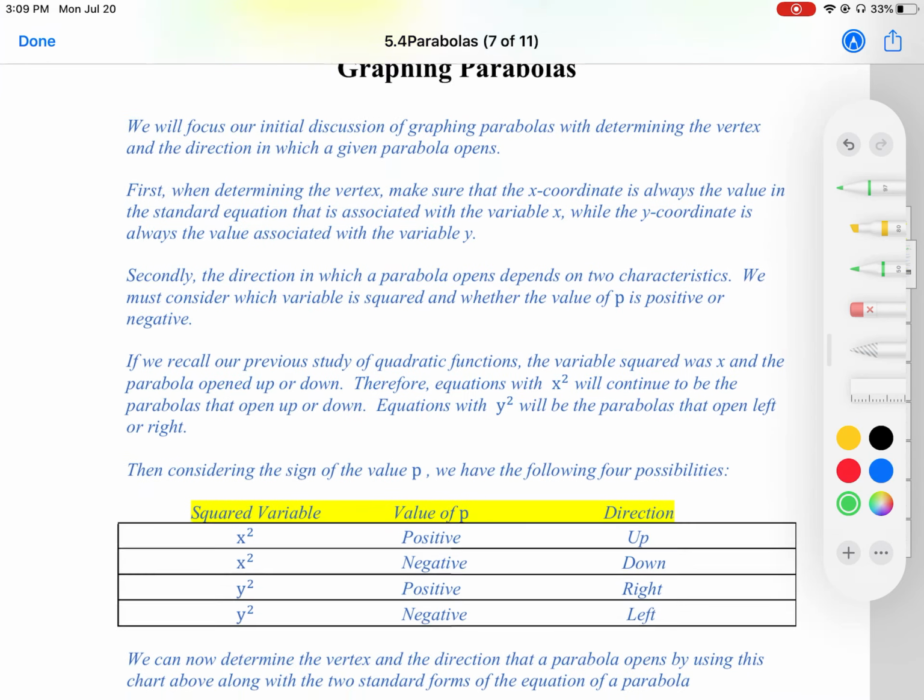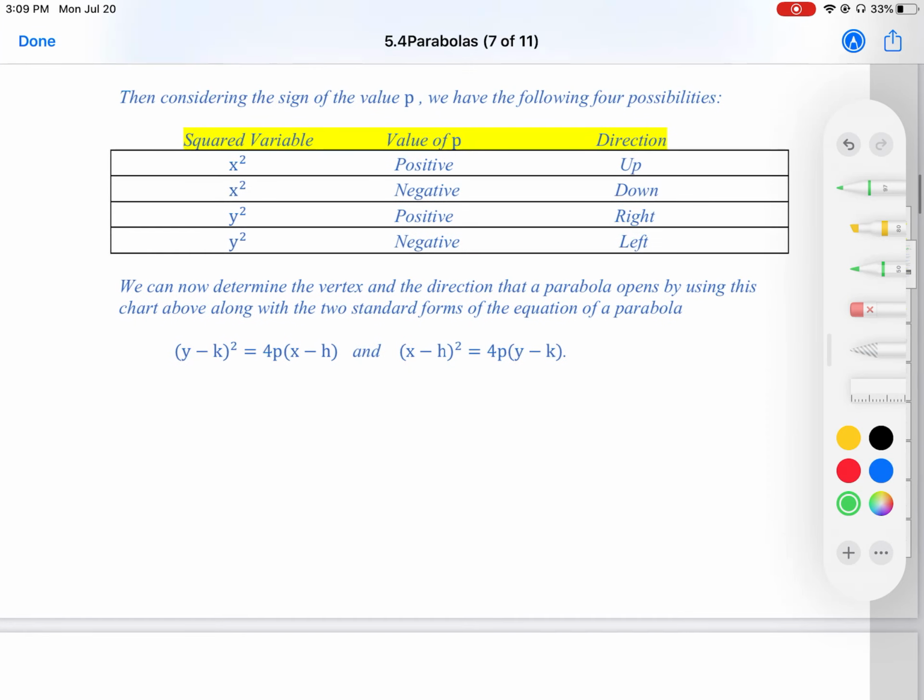Then, considering the sign of the value p, we have the following possibilities. So this p is this number here that's next to the non-squared term. If it's negative, it'll open towards the negative side.